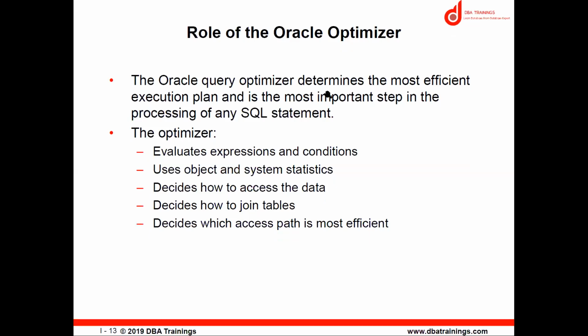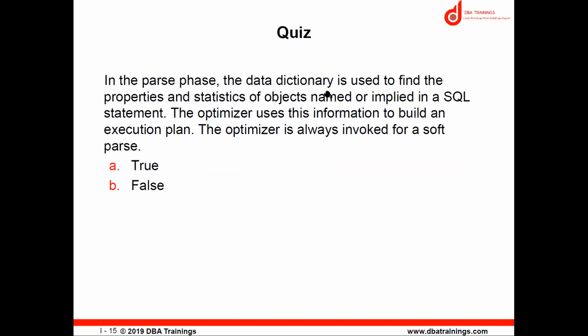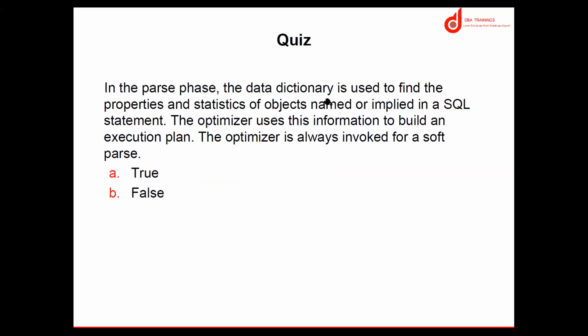Now, one question to you, both of you. In the parse phase, the data dictionary is used to find the properties and statistics of the objects named in the SQL statement. The optimizer uses this information to build an execution plan.